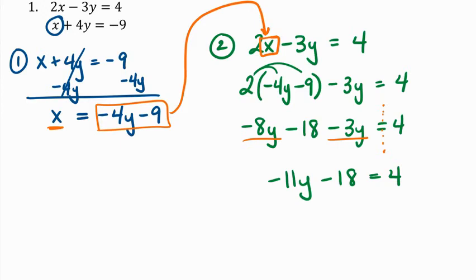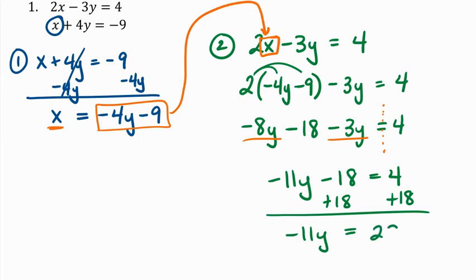So now is when I want to do that inverse operation because I want to move it to the other side. So we're going to do plus 18 and plus 18. So I end up with negative 11y equals 4 plus 18, which is 22.